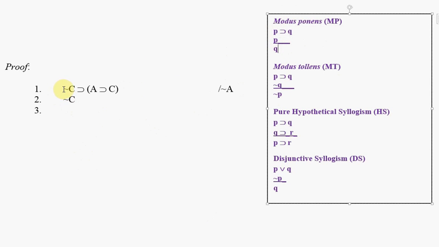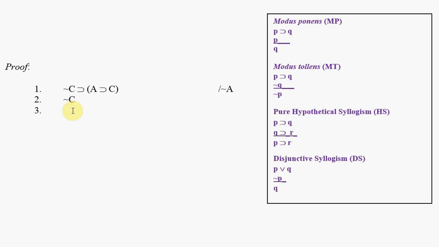Let's pretend that the not C represents the P. Let's pretend that the if A then C represents the Q. And then we have the P again, right? Well, remember, if P then Q, P therefore Q, that's what modus ponens expresses, right?